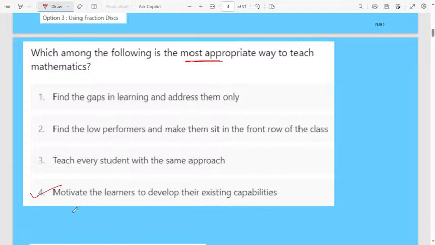Even if they are not able to solve a problem after the second, third explanation, you have to spend a little more time with them. Explain step by step. Definitely they can solve the problem.